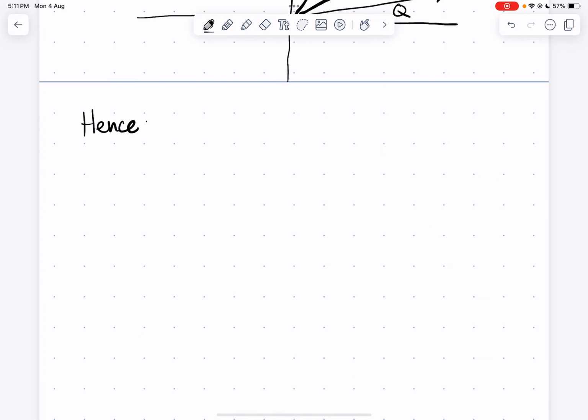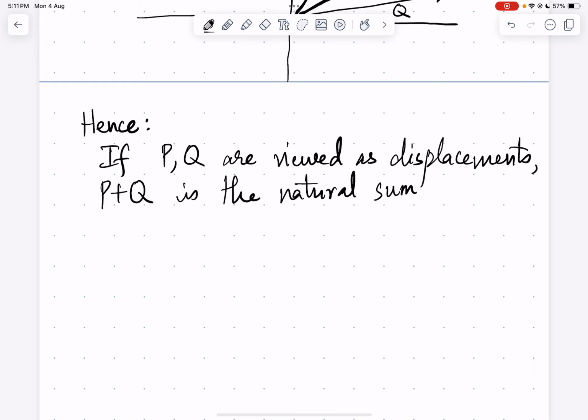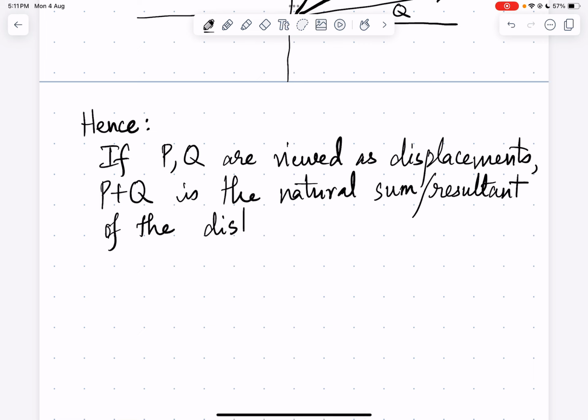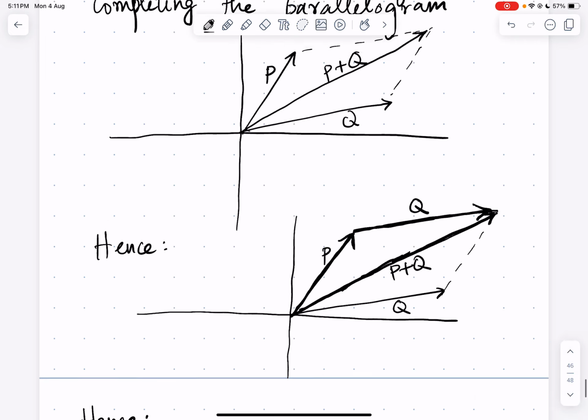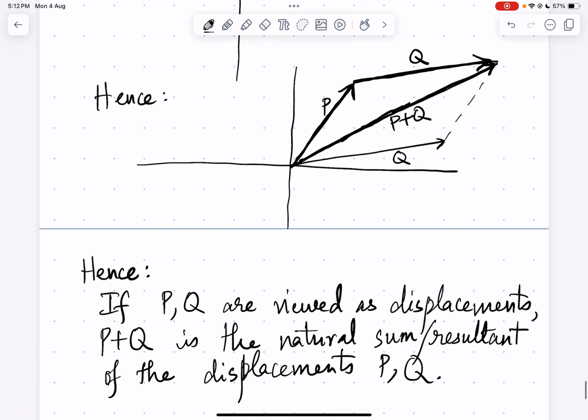Hence, we get one more interpretation of addition of points. If these points P and Q are viewed as displacements, then P plus Q is the natural sum or resultant of the two displacements P and Q.